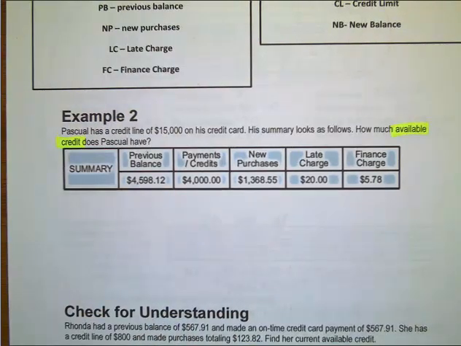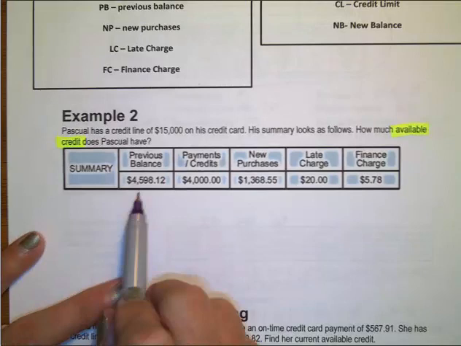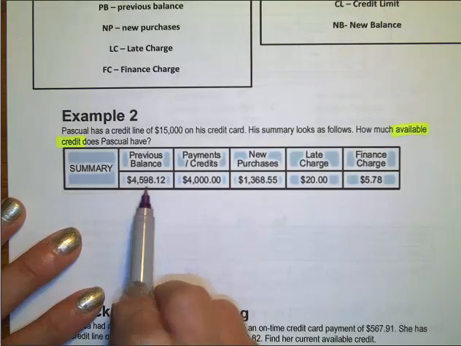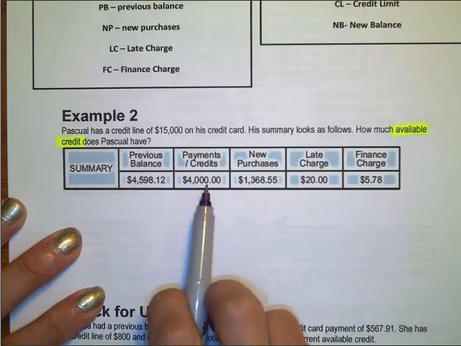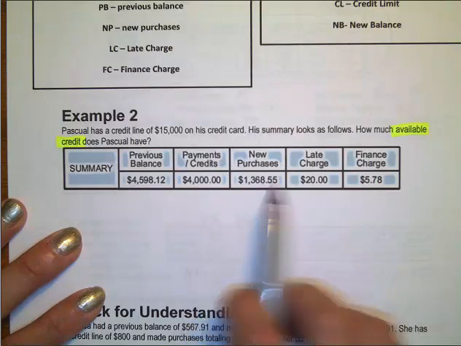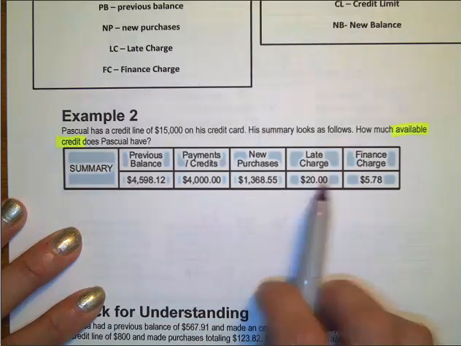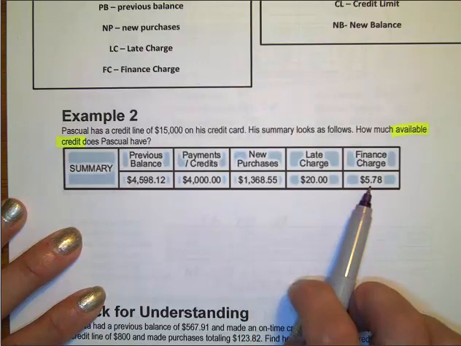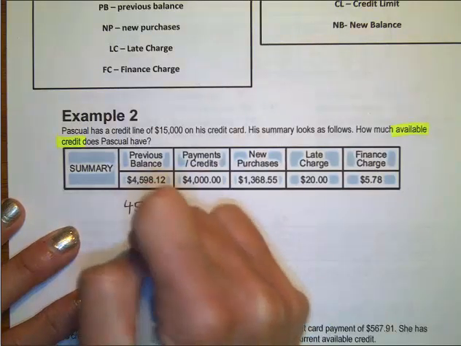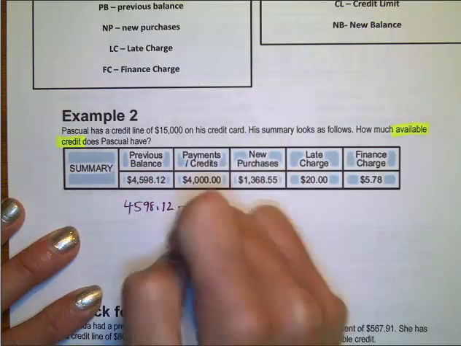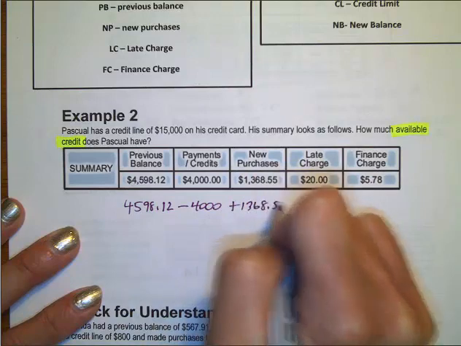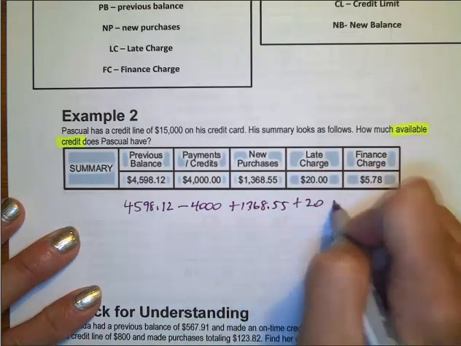So his previous balance is $4,598.12. He made a payment of $4,000, but he charged $1,368.55. He paid it late, so he has to pay that fee, and then he has interest or a finance charge. So we're going to use, just like we did on the last page, 4598.12. Payments are subtracted. New purchases are added. Late charge is added, and a finance charge is added.